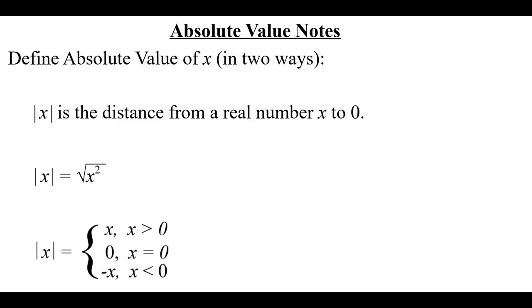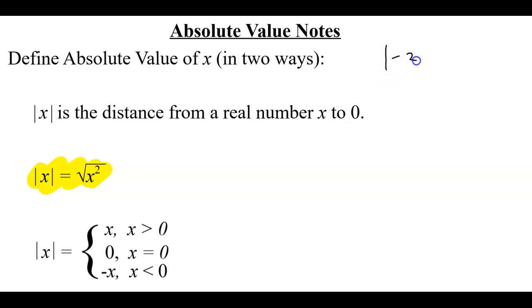The most common is probably this one at the top, the distance from some number x to 0. The absolute value of x is the distance from 0. And then this one here is kind of a roundabout way of making a number positive. We know that absolute values are always positive.